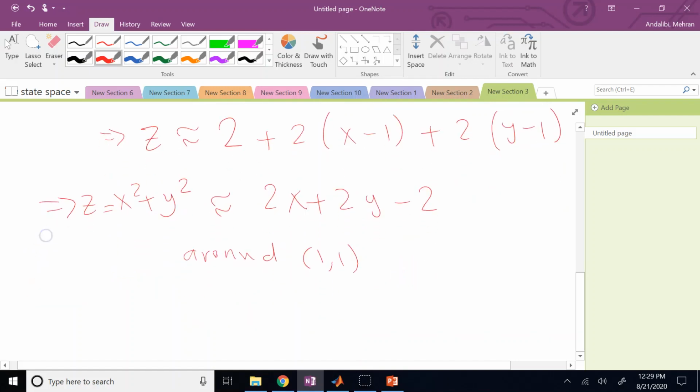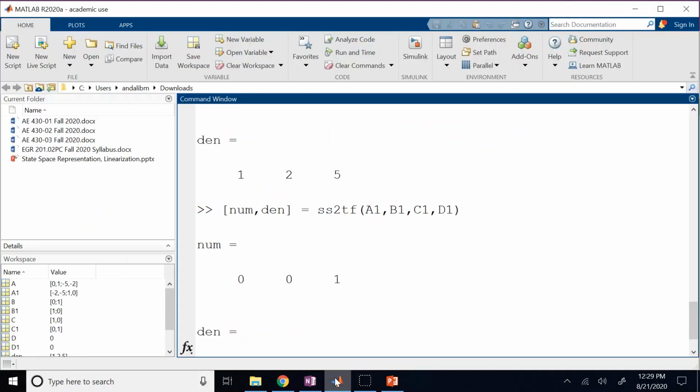And you can check it. For example, if you plug in 1.1 for x and, say, 0.9 for y, if you calculate the exact value and if you calculate the approximated value, you see they should be quite close to each other, right?